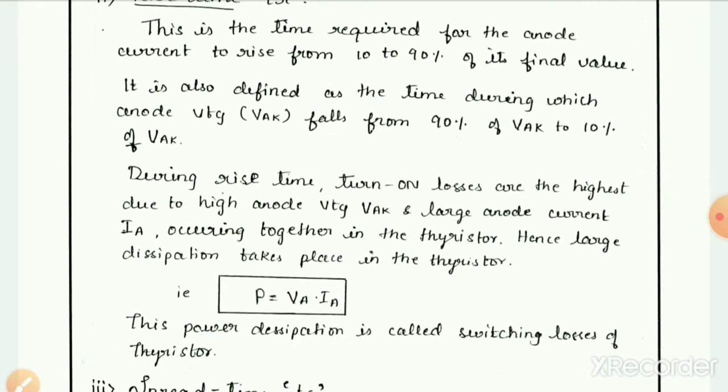It is also defined in terms of VAK. It is the time required during which the anode voltage falls from 90% to 10%.